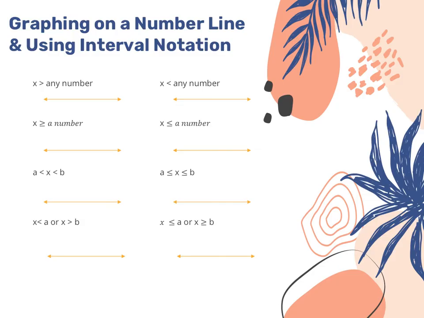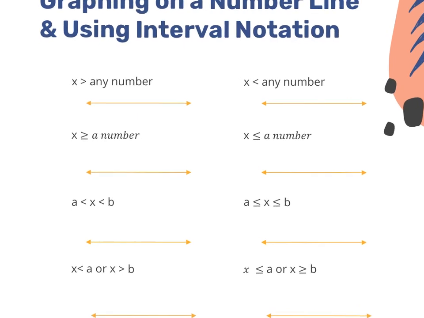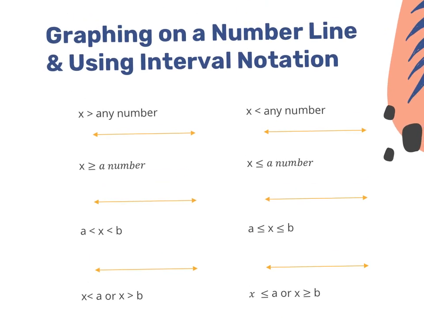Now I'm just going to use the same number for the first 4 examples. When you have the greater than symbol or the less than symbol, when we go to graph it on the number line, it's going to be an open circle.